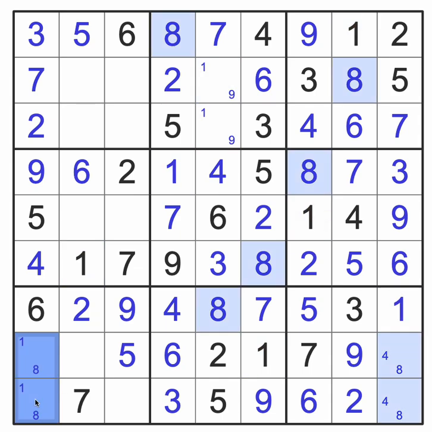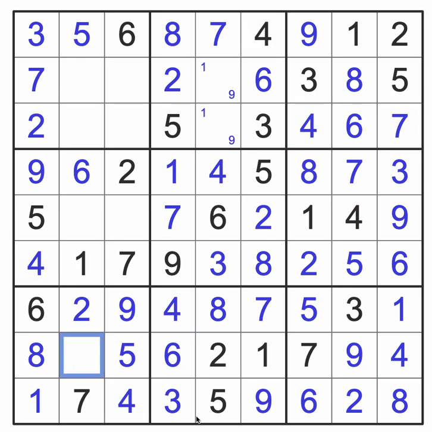And now these will be 1 and 8. 1 in box 8 blocks this cell, gives me 8, 1. And this 8 has made this cell 4, and that gives me 8. That leaves only 4 for this cell, and this cell will be 3, which blocks this cell, gives me 3, 8.